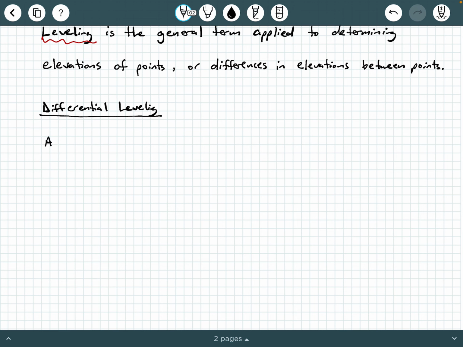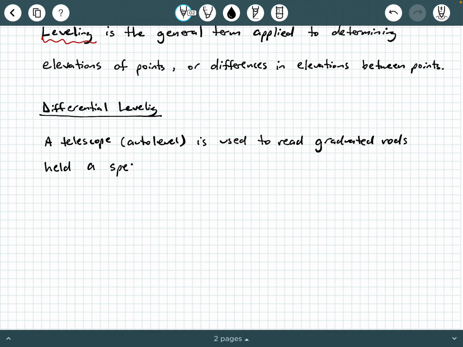First, a telescope known as an auto level is used to read graduated rods held at specific points.